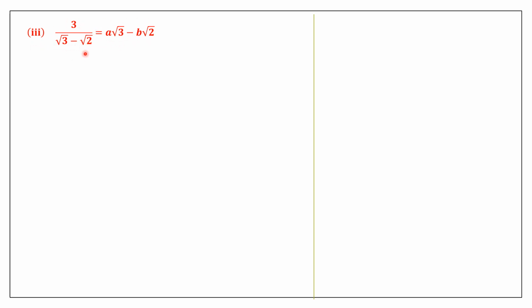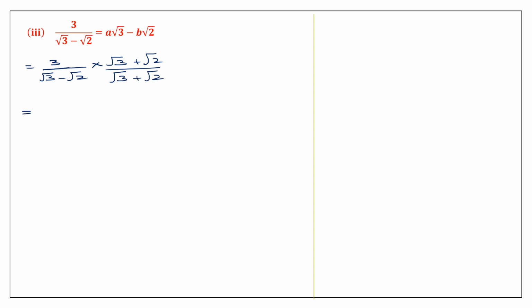Let us simplify the left hand side first. Now we are going to simplify this, that is 3 by root 3 minus root 2. Now how do we simplify this? We have to rationalize the denominator by writing the opposite of this. So that is into root 3 plus root 2, again by root 3 plus root 2.